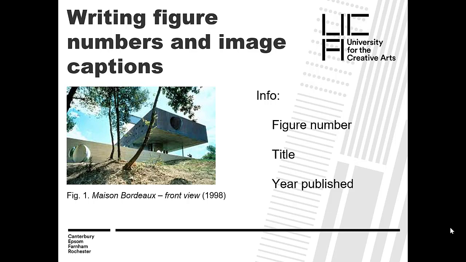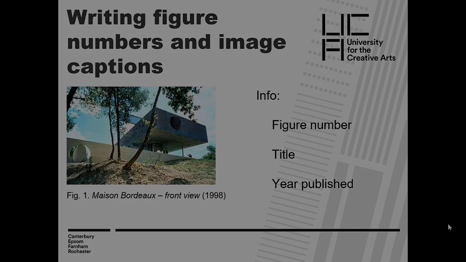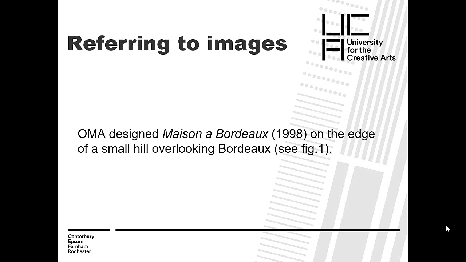Then after that, you have the year of publication or creation, in round brackets after the title. The year of publication or creation is usually when the work of art, building, or object was made available and produced.